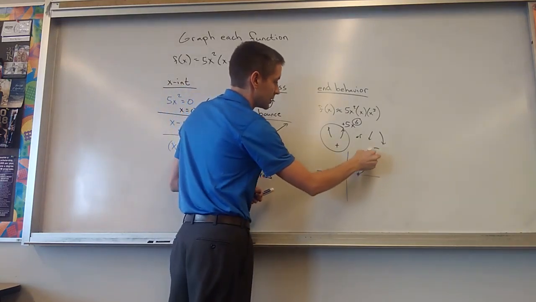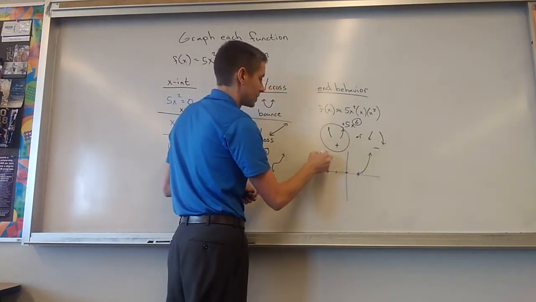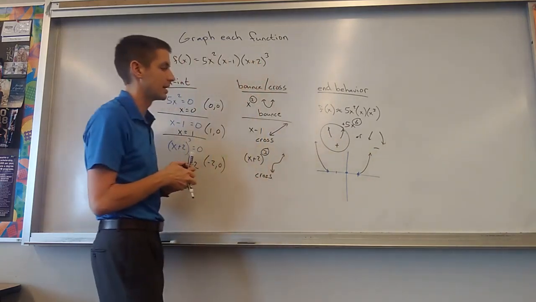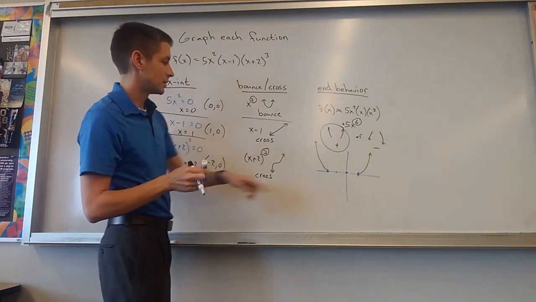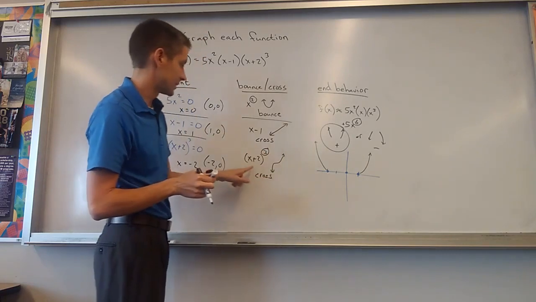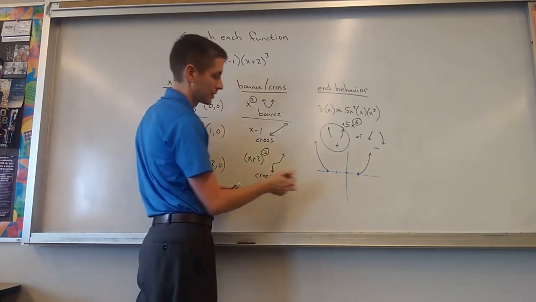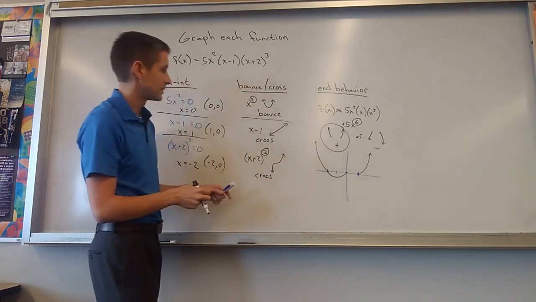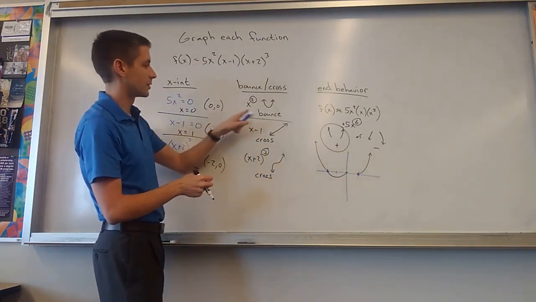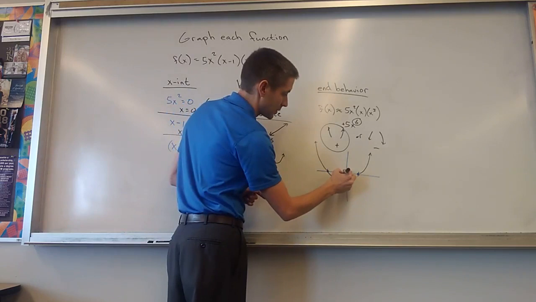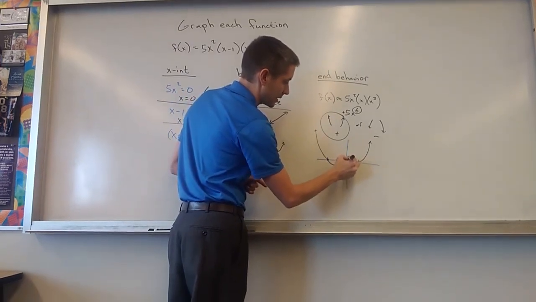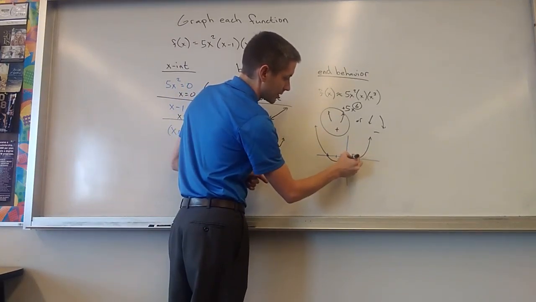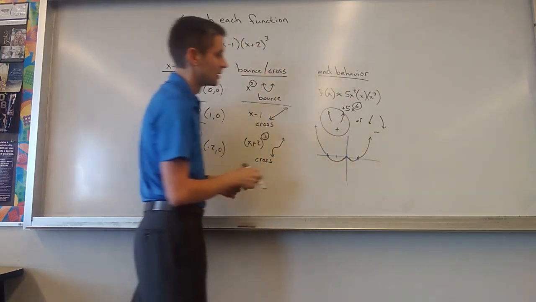We determined at negative 2 that we were going to cross over and go to the next 0. So it looks something like that. At 0, we were going to bounce. So as I come in, I want to make sure I have a curve on that. It's not a hard corner. And then I'm going to go to the next intercept. And then at 1, we were going to cross up. This would be a rough sketch of that graph.